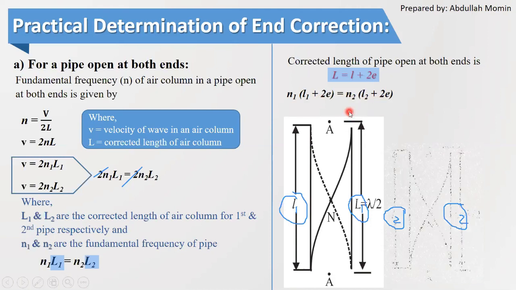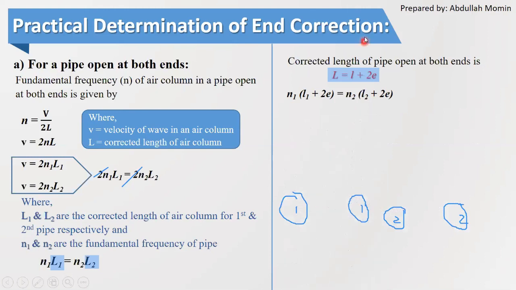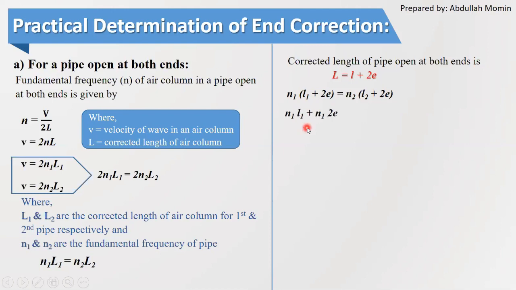Now we are going to open this bracket, or basically we are going to multiply N1 with this bracket. So N1 L1 plus N1 2E, and the same we are going to multiply N2 with this bracket, that is N2 L2 plus N2 into 2E.